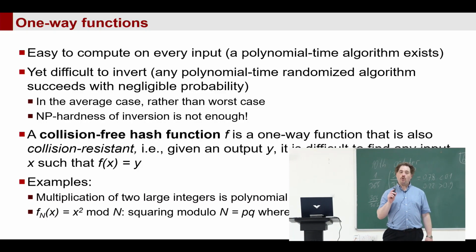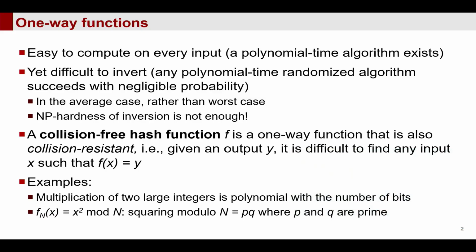But it doesn't mean that all instances are equally hard to solve. NP-hardness means that there is at least one hard instance which would be very difficult to solve. It doesn't mean that all instances, or that an average, typical instance, would be difficult to solve. So NP-hardness only talks about the worst case.